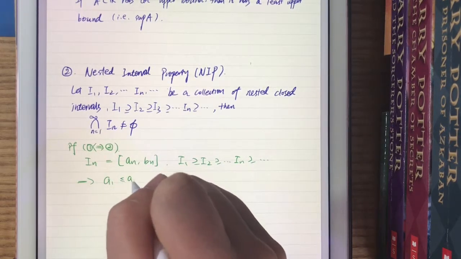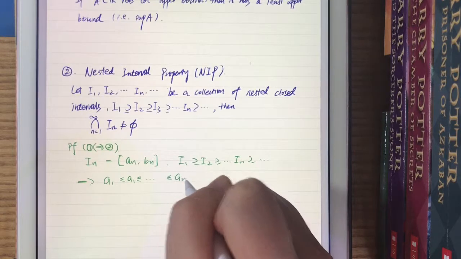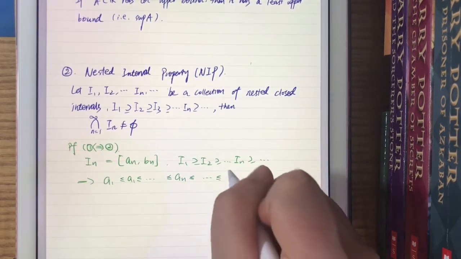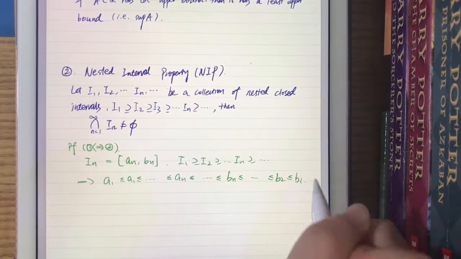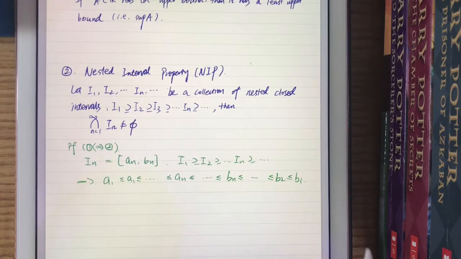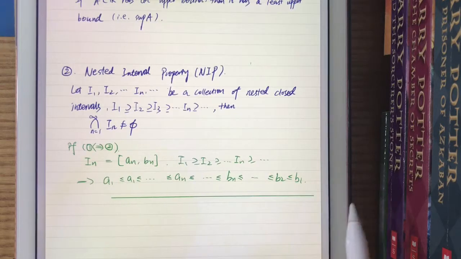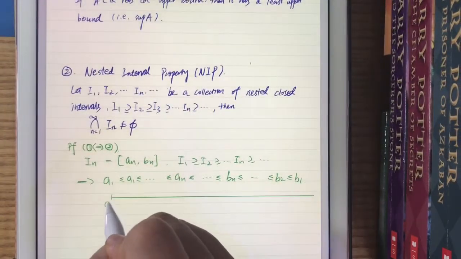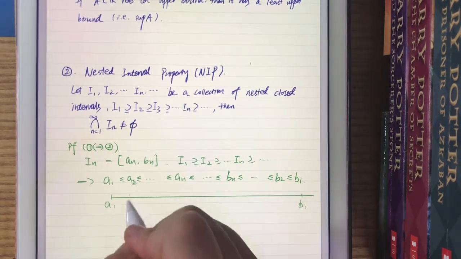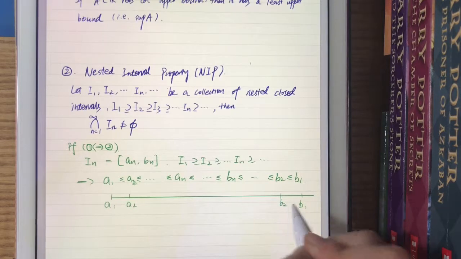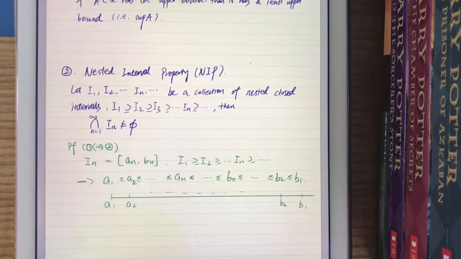A1 is smaller than A2, is smaller than and so on to An, smaller than Bn, smaller than and so on, until B2 is smaller than B1, right? If I put it on the real line, here's A1, here's B1, and here's A2, B2. So you are creating the nested closed intervals, right?